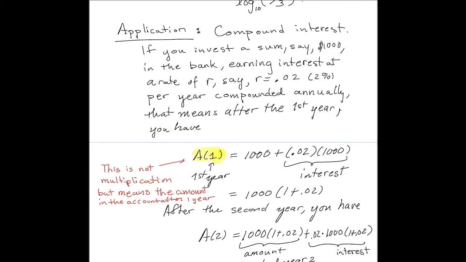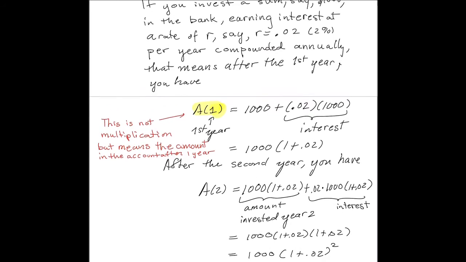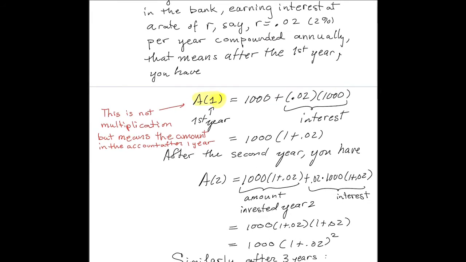That means after the first year, you have the original amount you invested plus 2% of the amount you invested. This is called the interest. So if I factor out 1,000, I get this expression for that. I don't want to multiply that out to get a number at this point, because I will be aiming to find a pattern.